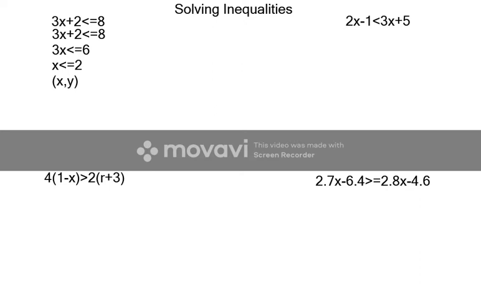But when you put it into interval form, you have to make sure you know what you're doing. You see here, it's a less than or equal to. So that means x is going to the left, going to infinity. It starts at infinity and goes all the way to 2. So x is less than or equal to 2.